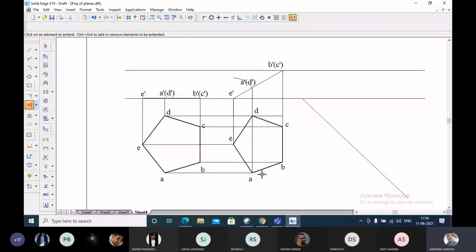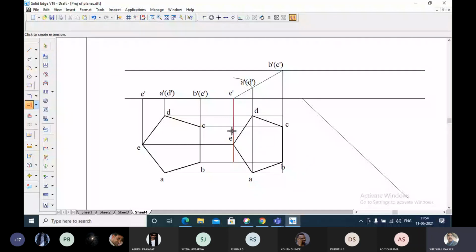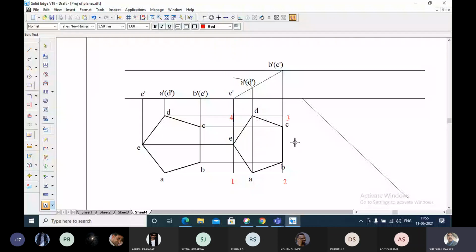But while you are doing the work manually, see, look here, I have enclosed this pentagon in this rectangle.